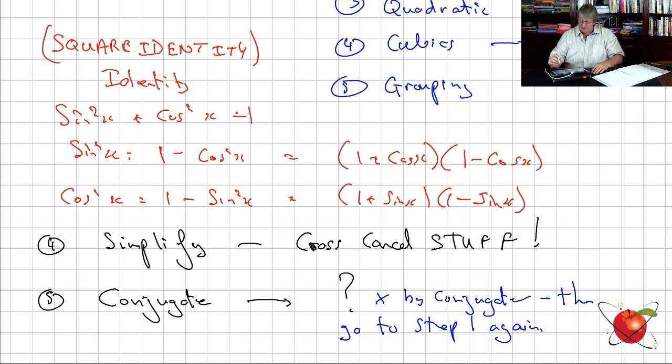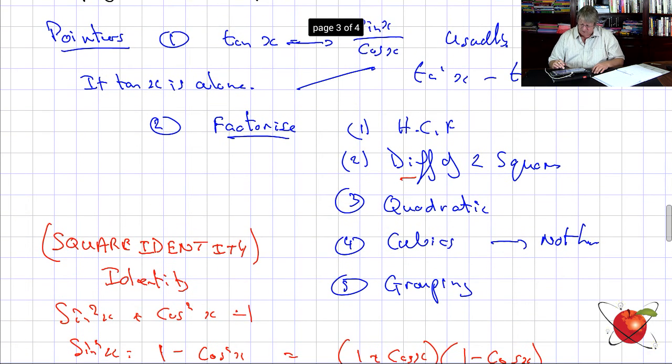In other words, we go right back to the top and we say, right, do we have tan x coming? No. Factorize, common factors, difference of squares, etc. So the conjugate puts us in a space where we go back to square one. It gives us something to work with.